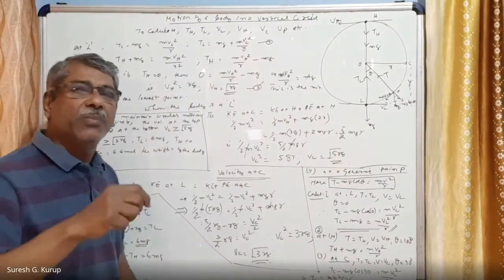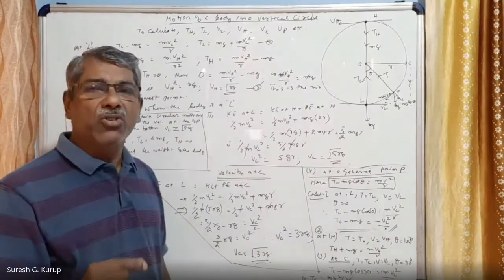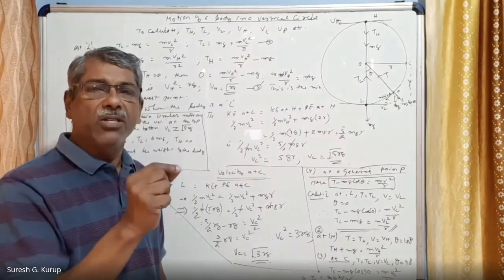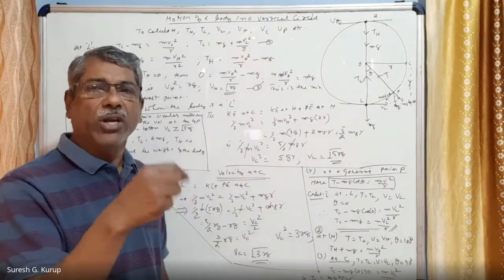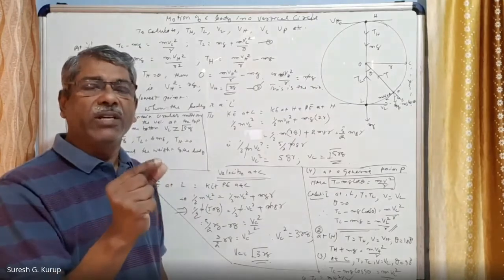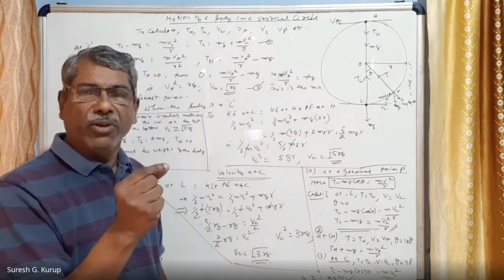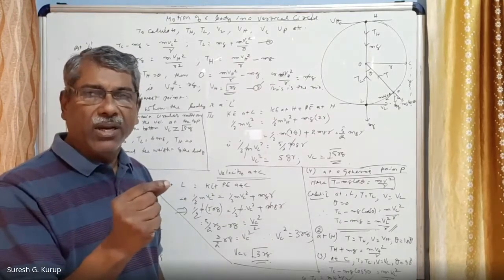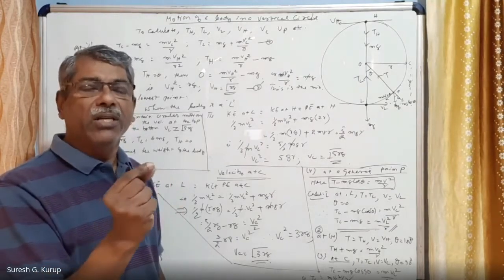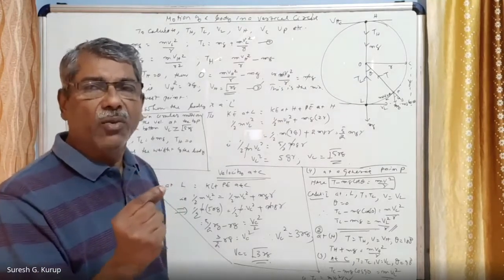Let me explain. Just suppose that you have a string. One end of the string is tied to a stone and the other end is held by your fingers and it is rotated, right? When it is rotated, you will feel that the tension is actually acting at your fingertips. Am I correct? If you are rotating at a very big speed, the tension acting at the fingers will also be more.